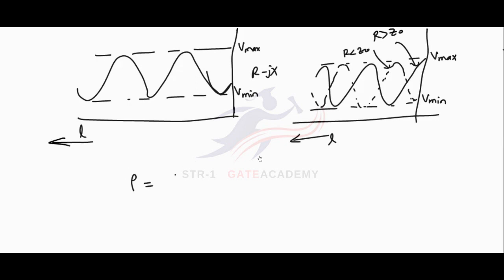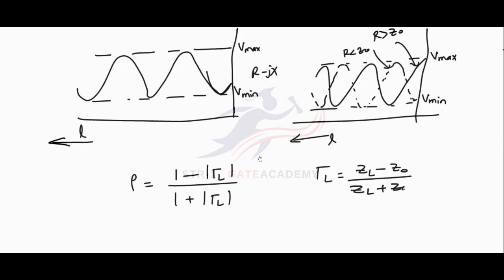So what is VSWR? VSWR is 1 plus mod of tau L divided by 1 minus mod of tau L. Now, what is tau L? Tau L is ZL minus Z naught divided by ZL plus Z naught.